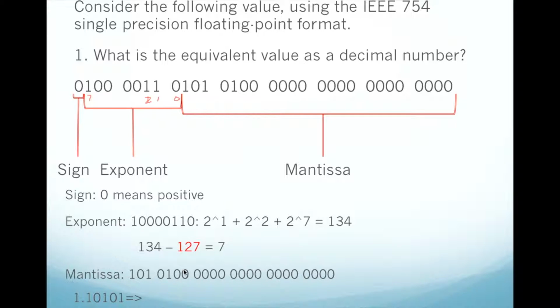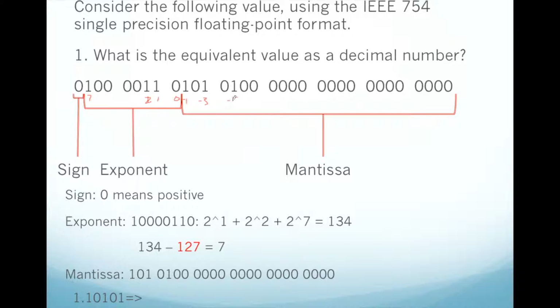To convert this part, we count again, but we start from a different number. We start from here: this is going to be -1, this will be -2, -3, -4, and this one will be -5.